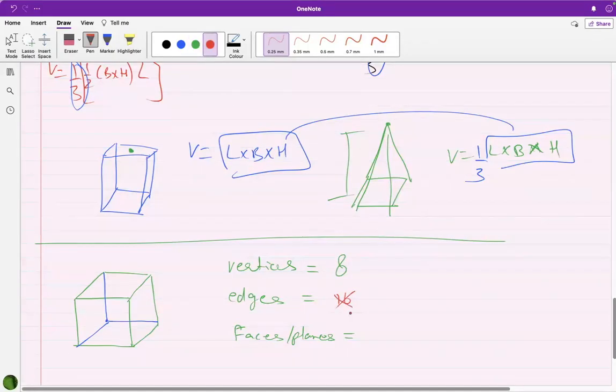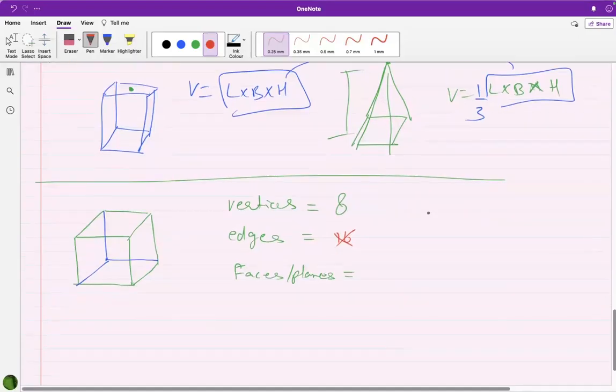No. 12? 12, yes. And faces. 2, 6. Correct.